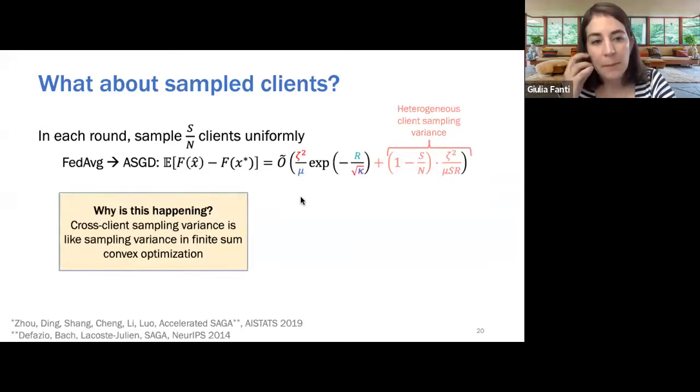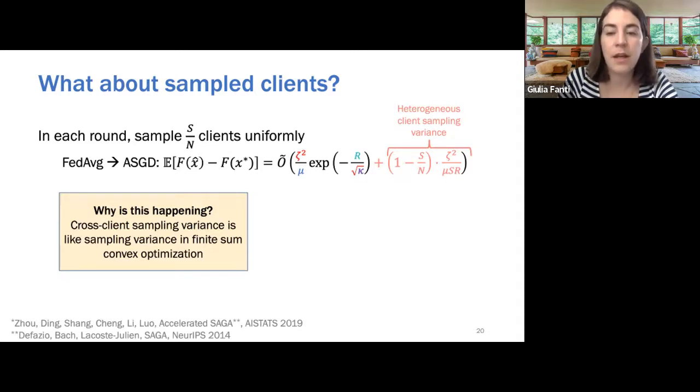So why is this happening? Well, the intuition is that cross-client sampling variance is analogous to sampling variance in finite sum convex optimization, and I'll discuss this in a little more detail in just a second. But this gives you a hint as to what we can do to get rid of it. Ideally, we would like to not have this additive term here.